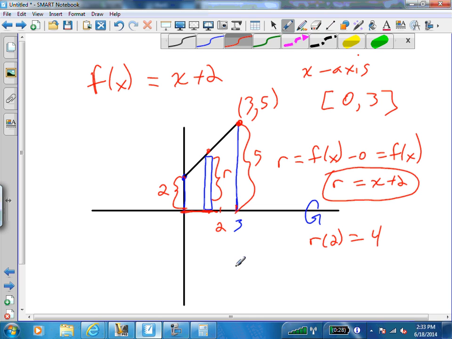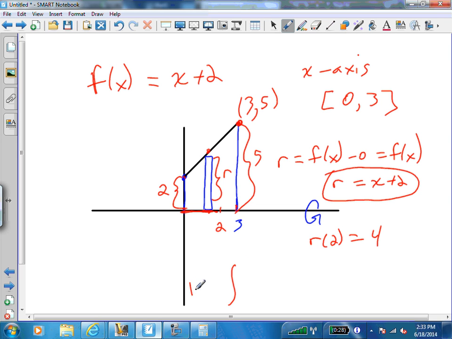So our volume is pi times our radius squared dx, going from this x value to this x value.